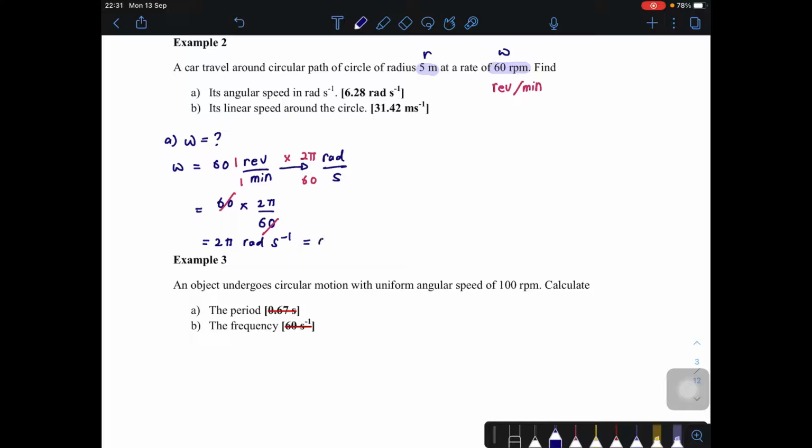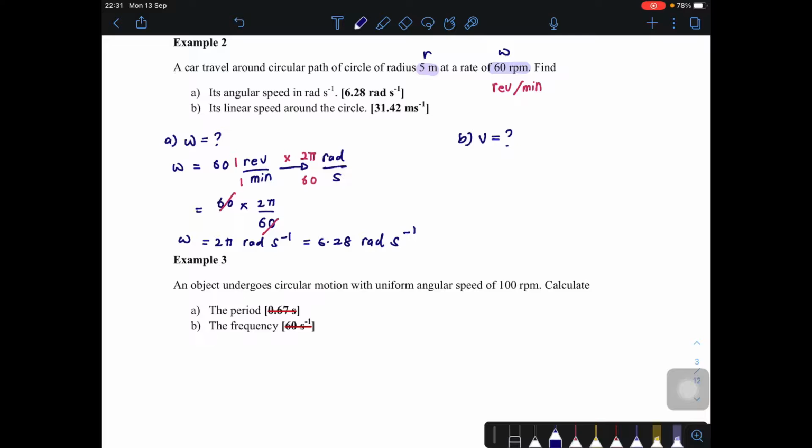So kamu akan dapat 6.28 radian per second. Okay, kedua-dua jawapan, if you want to leave it as 2 pi pun boleh, 6.28 pun boleh, tapi hanya untuk omega sahaja.